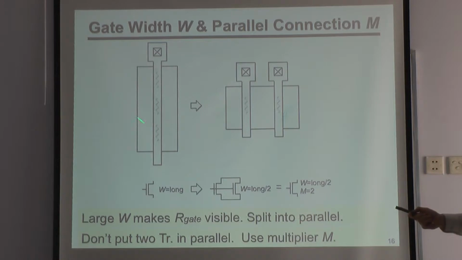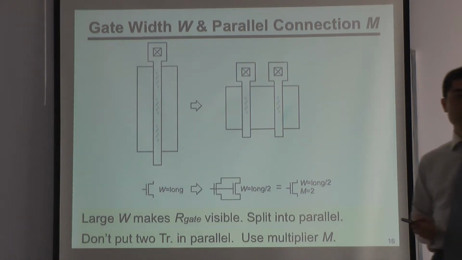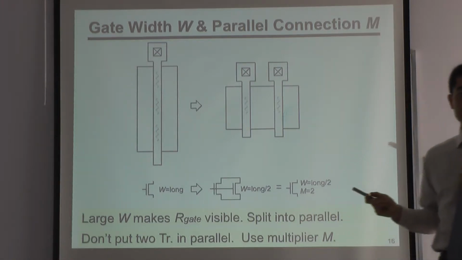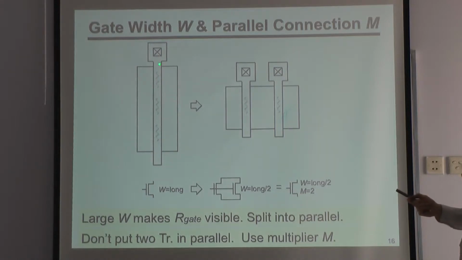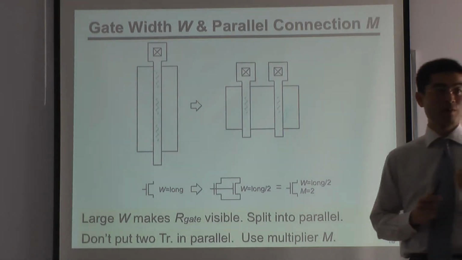And sometimes this resistance degrades the performance of these transistors. So we don't want to use this kind of large layout, but we want to divide this into 2 PCs and connect power like this. So that the gate's resistance gets smaller and you will have a better performance.